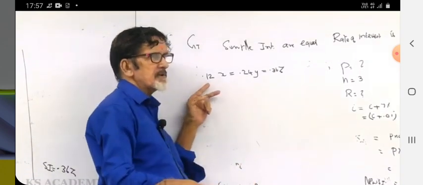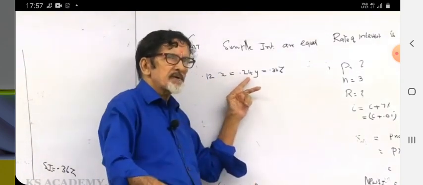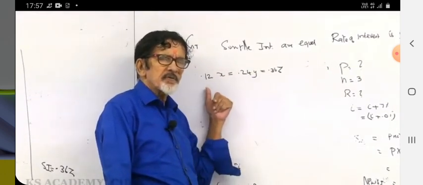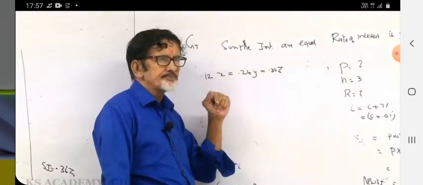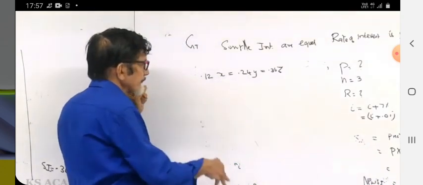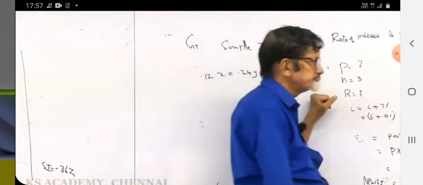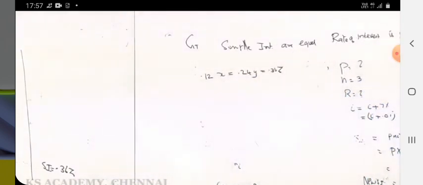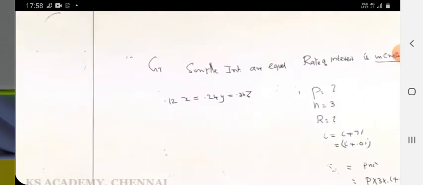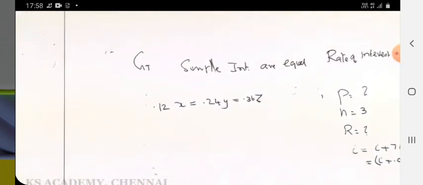First part simple interest, second part simple interest, third part simple interest, all are equal. We want to find the X value, Y value, Z value.